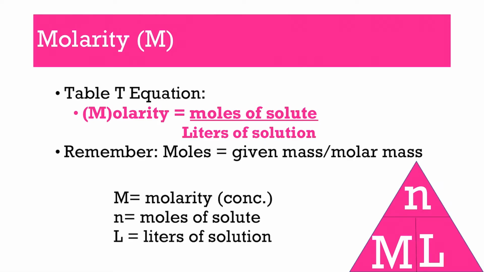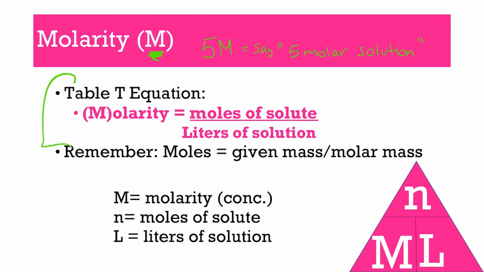So molarity is a unit of concentration, and its unit is M. So if you see, let's say 5M, you would say a 5 molar solution. So we don't say molarity, we say molar, but the unit is molarity, abbreviated by that capital M. Remember, lowercase m is meters.